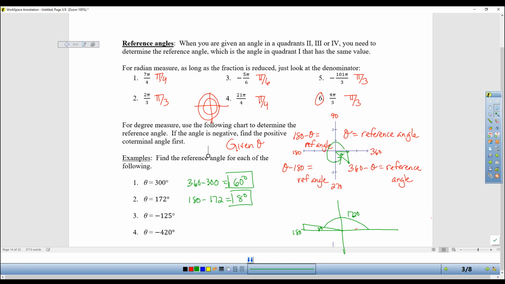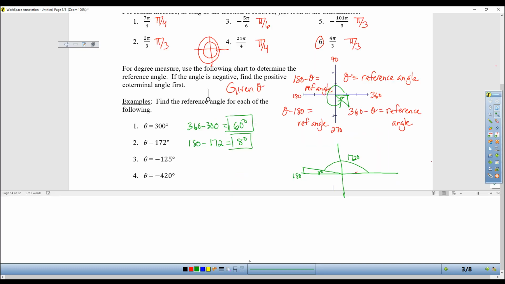Ooh, a negative angle. So negative just means that it's gone counterclockwise. So this is definitely a little bit harder now because now I need to go negative. This is negative 90 and negative 180, negative 270, negative 360. So I'm going to go this way.